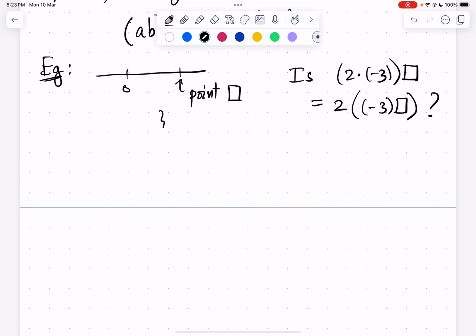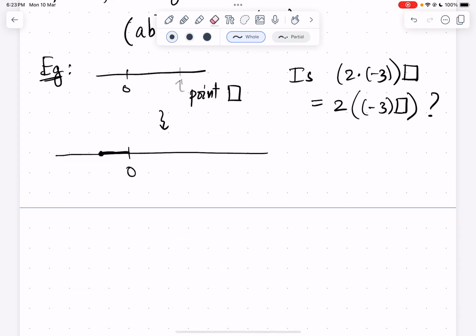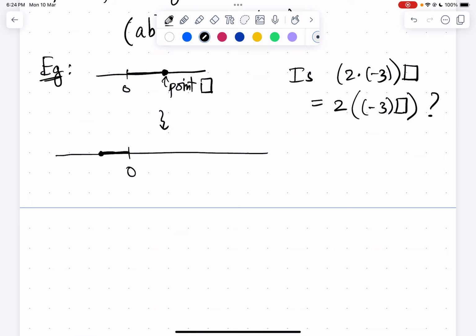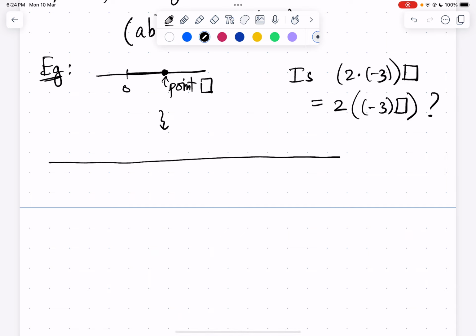So here minus 3 times box will be something like this. Let's say the point is somewhere here, point box, then minus 3 times box will be something like this.